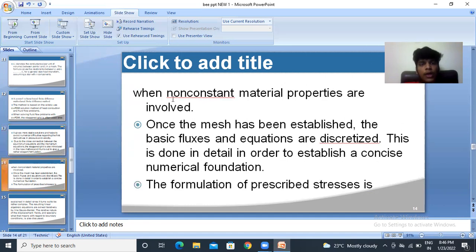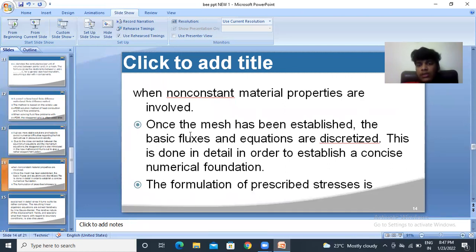When non-constant material properties are involved, then once the mesh has been established, the basic fluxes and equations are discretized.